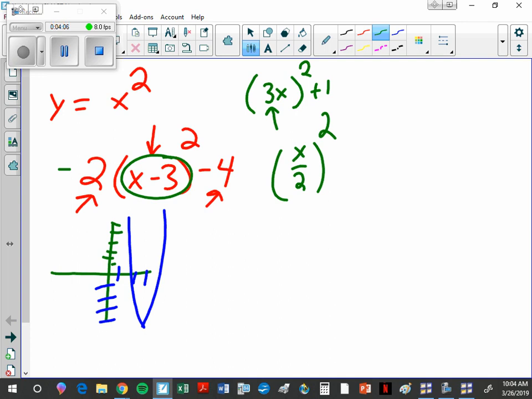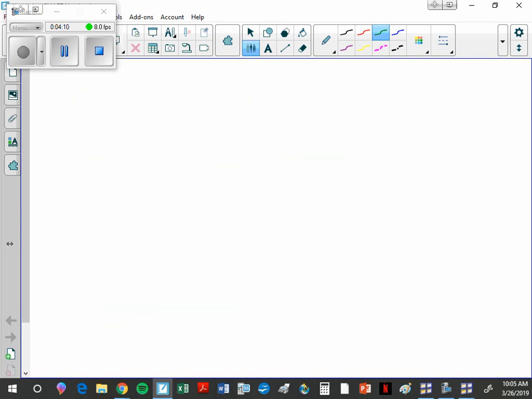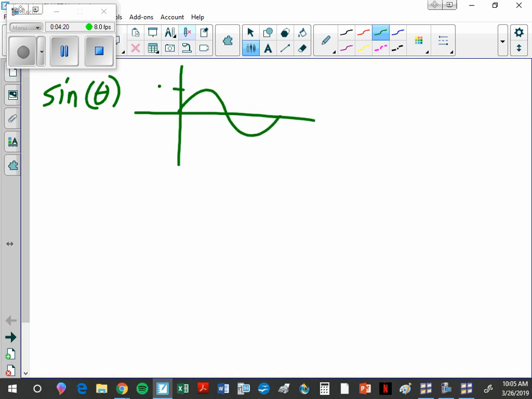Okay. So let's do the same thing with the sine function. So the regular sine of theta looks like this, from 1 to negative 1, and then we have pi over 2, pi, 3 pi over 2, and 2 pi.